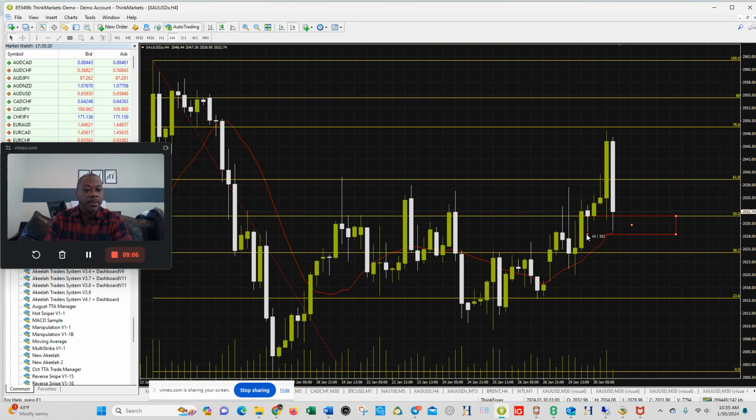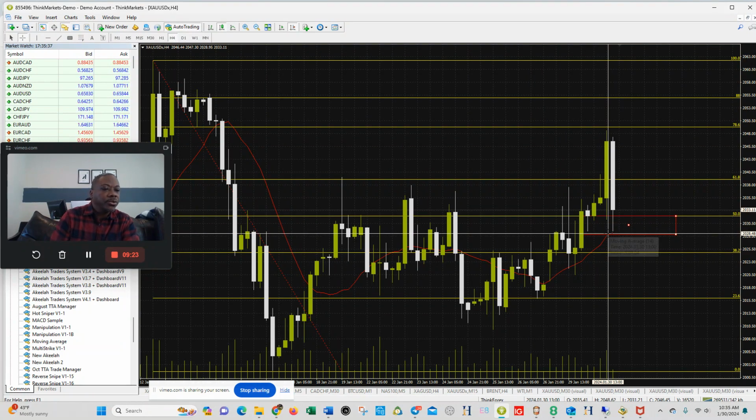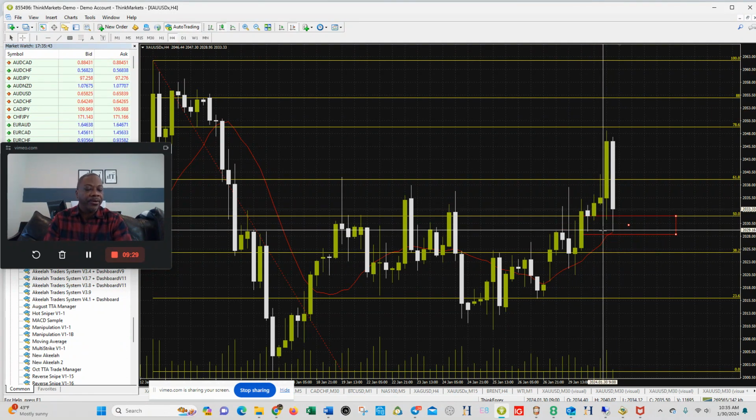Let's see. I'm going to capture the bottom of that candle. So this candle is really the target area for us to take a buy on gold. Anywhere between this 50 fib level, which is 2032, down to 2028 and 50 cents, that's the targeted buy area for gold. That's where we want to execute our buys.